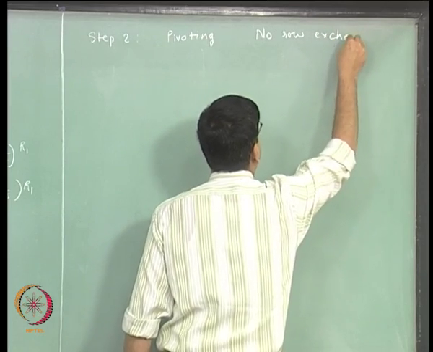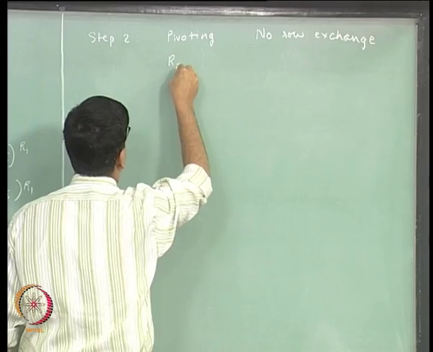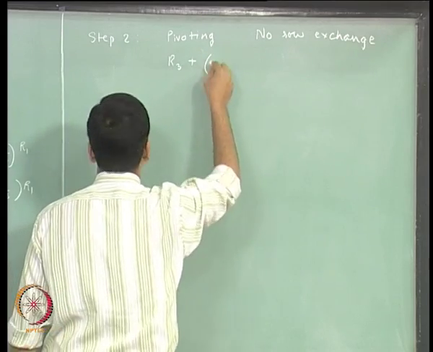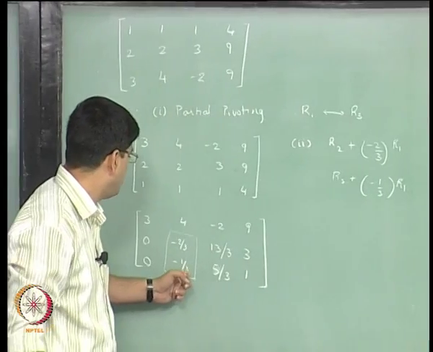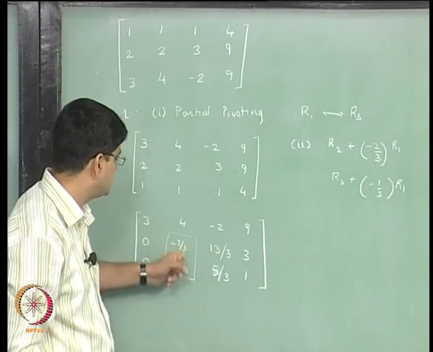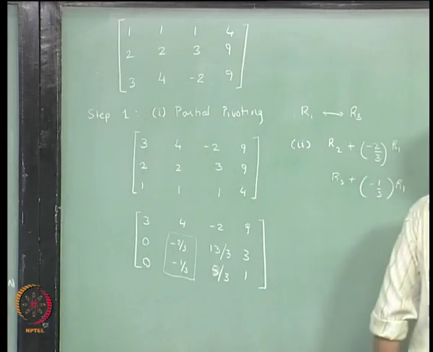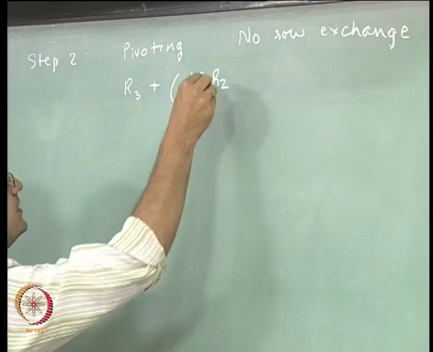Then we will do R3 plus negative of minus 1 by 3 divided by 2 by 3, that is 1 by 2, negative 1 by 2 multiplied by R2.